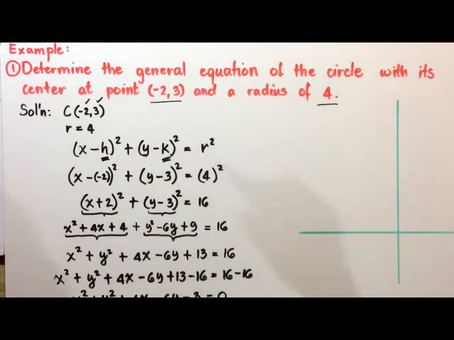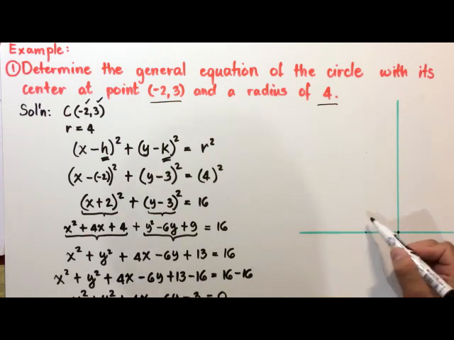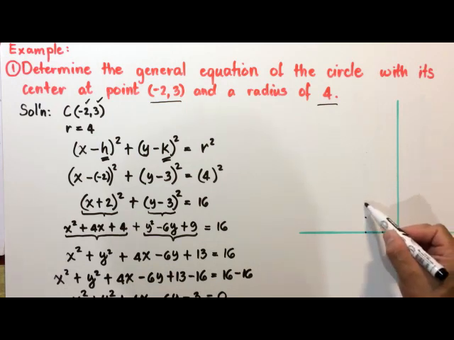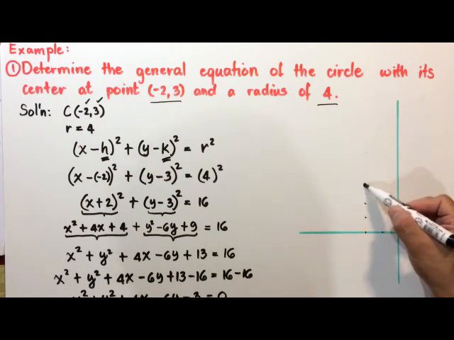And if you want to see that one in a graph, sketching the graph of this circle when the center is at the point of negative 2, 3. So if this is the point of origin, you count 2 units to the left and 3 units upward. So 1, 2, and 3.